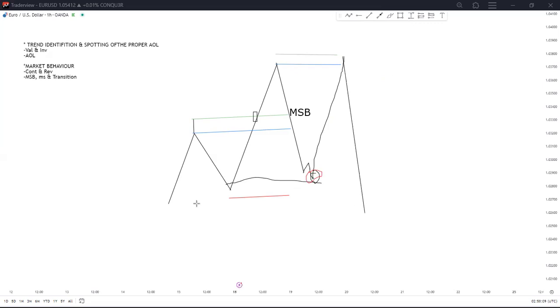And if the market does not find that liquidity, then we will expect the market to proceed with the bearish move, because the market will already have performed a shift and claimed the new area of liquidity, which will provide the liquidity for the market to proceed with the bearish movement.